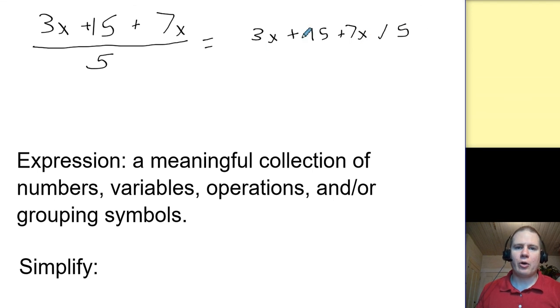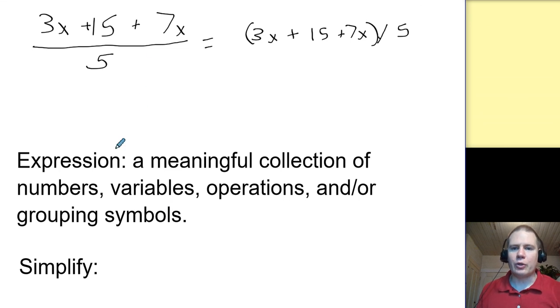If I want all three of these terms to be part of my numerator, I have to put parentheses around them, and then I can put the slash. Or if you're fancy, you can use the division symbol, but most word processors don't have that symbol available. So using the division bar avoids having to put these parentheses in, but it's still a grouping symbol the way that it's being used here.